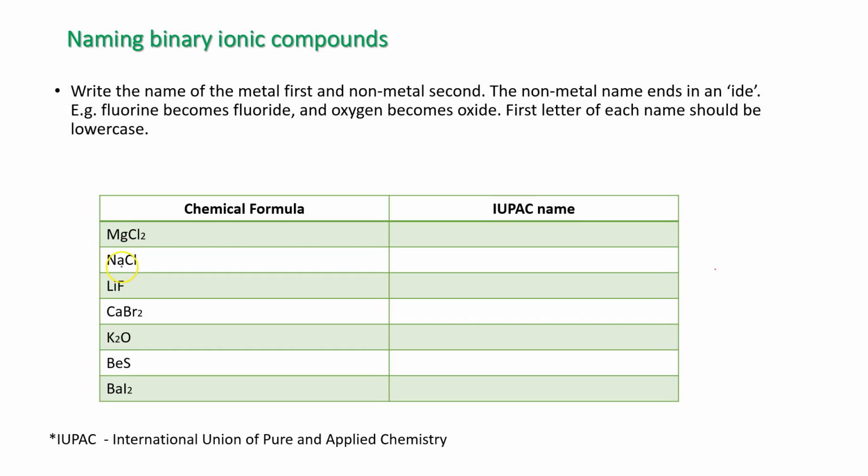Mg is magnesium, and so we would write magnesium chloride. Instead of writing chlorine, we change the ending to "ide." The next one, NaCl, is sodium chloride.